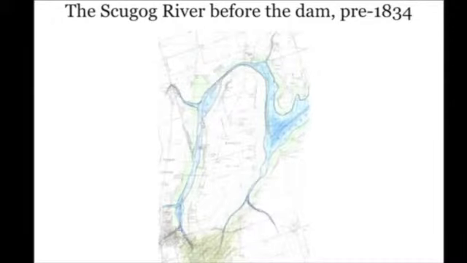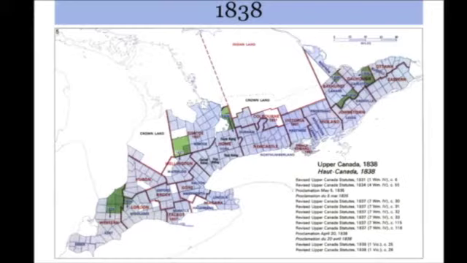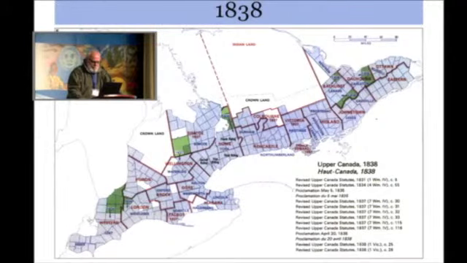Okay, keep going, right there. 1838, 20 years after 1818, 20 years after Treaty Number 20. We see Durham Region extending up as far as around the Beaverton area. Scugog Island is actually intersected by the Newcastle District line and the York line.